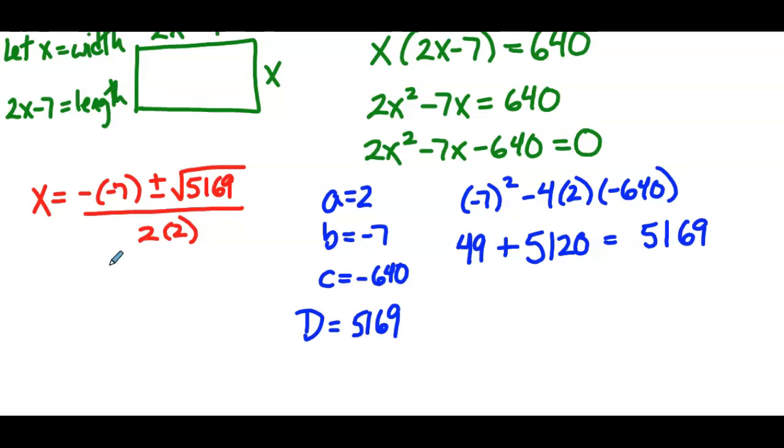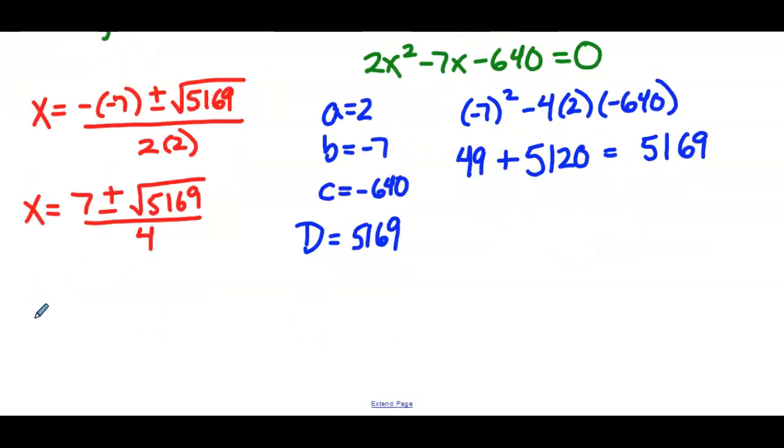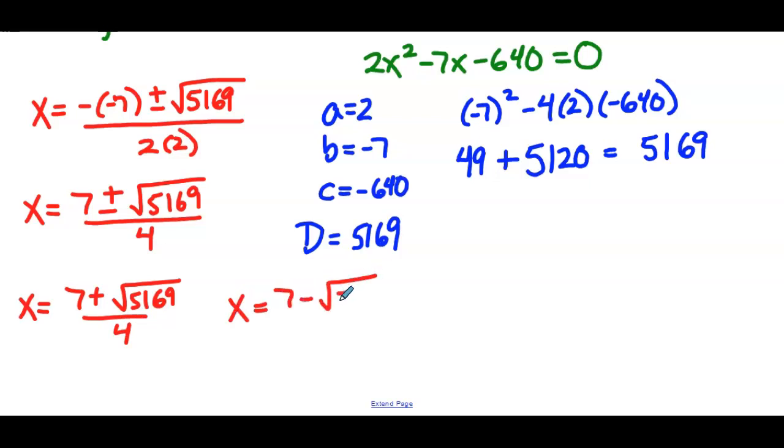We're going to be plugging into the calculator anyway. So we have x equals positive 7 plus or minus the square root of 5,169 over 4. Which separated would mean either x is 7 plus the square root of 5,169 over 4, or x would be equal to 7 minus the square root of 5,169 over 4.